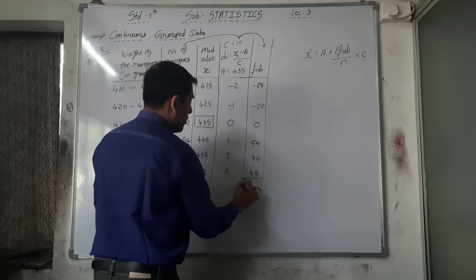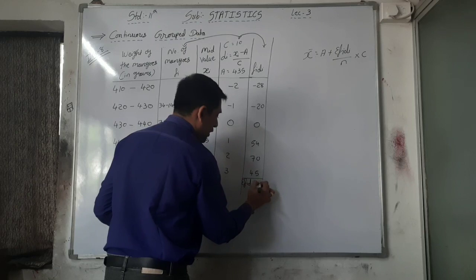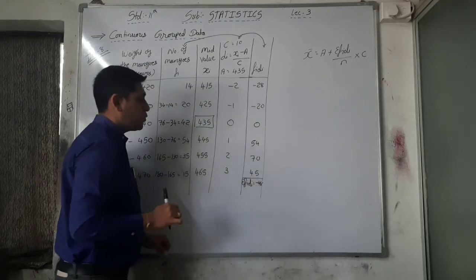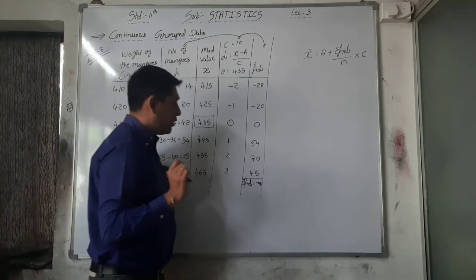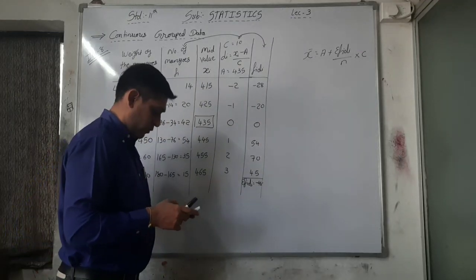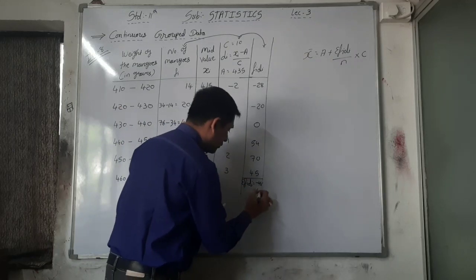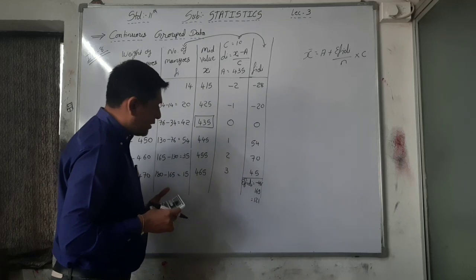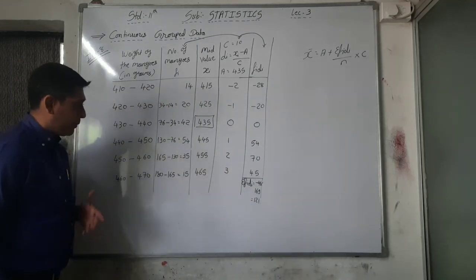So your sigma fi di is, first of all, minus 28 minus 20, that is minus 48, and the total of these is 169. So 121 is your answer, plus 121 is your sigma fi di, right?